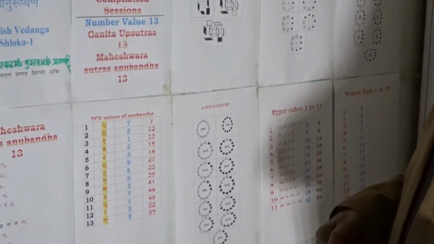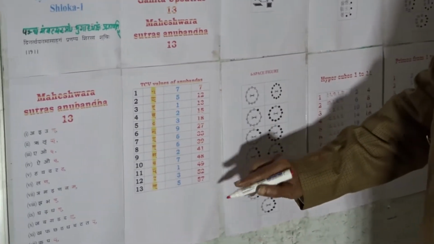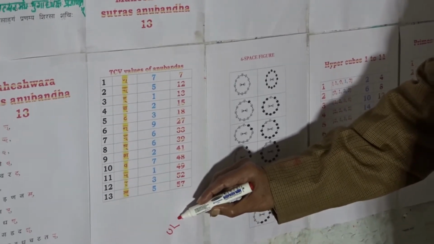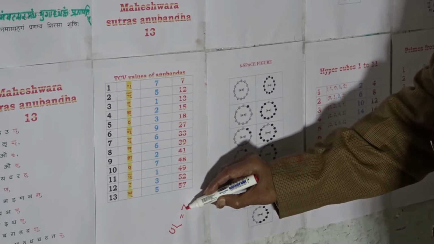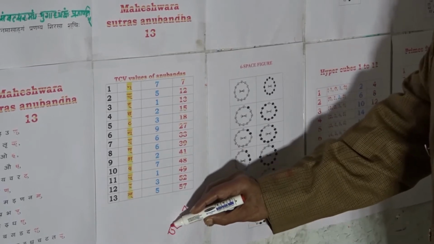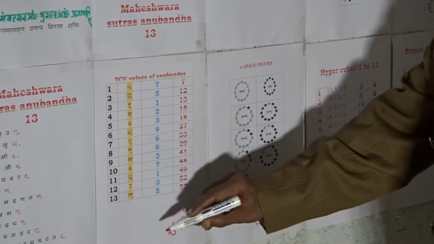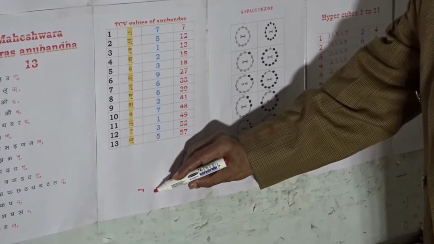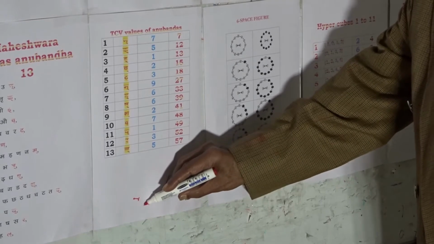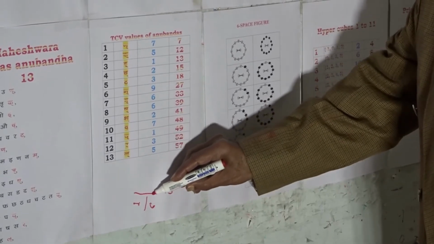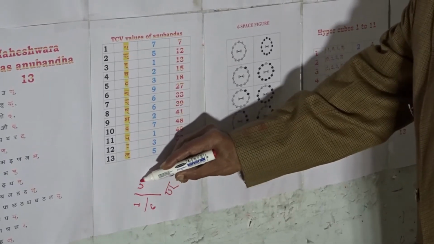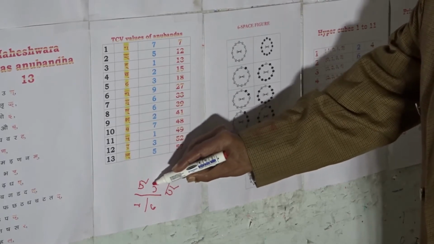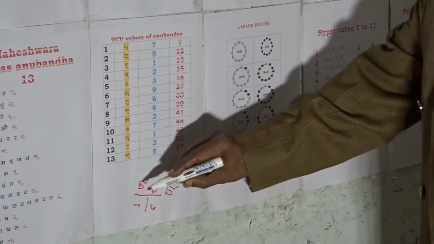The Anubandha Ana of TC value 7 is of repeated frequency. Sutra 1 as well as Sutra 6 both are having Ana as Anubandha. Ana is of TC value 7.